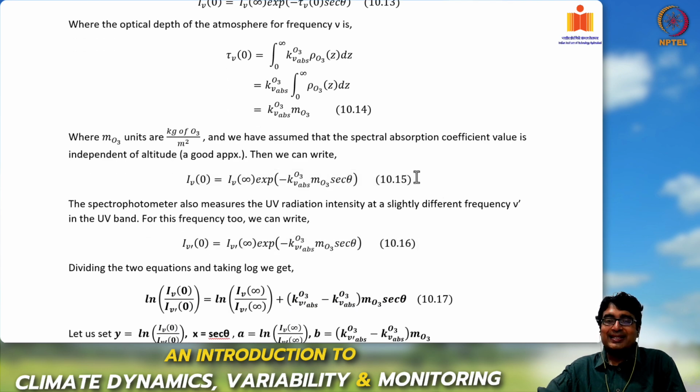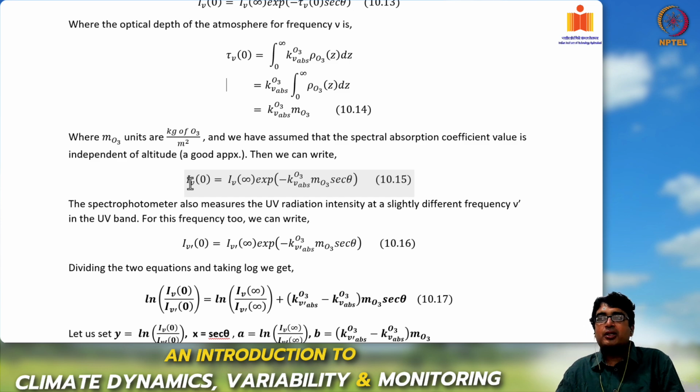Now this I nu 0 is what the spectrophotometer will observe as the radiation intensity at a frequency nu in the UV spectrum when it looks at a certain angle theta with respect to the ground normal.